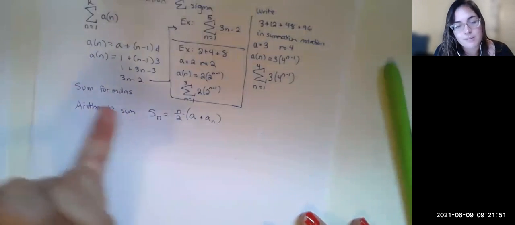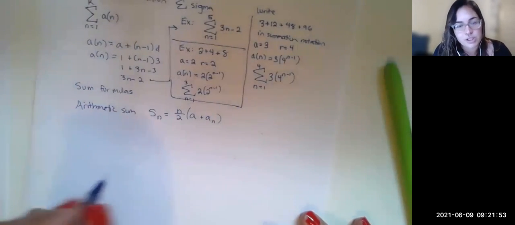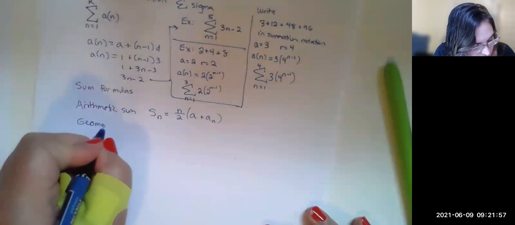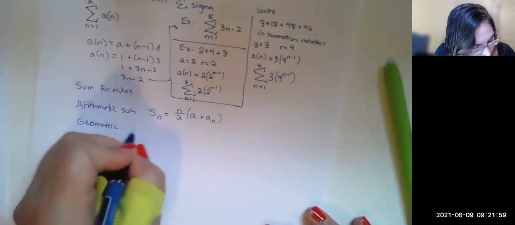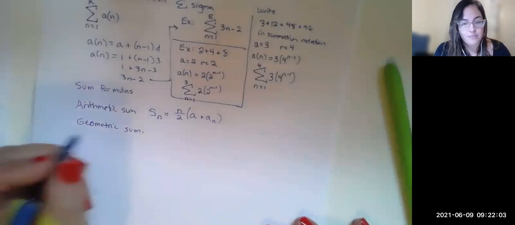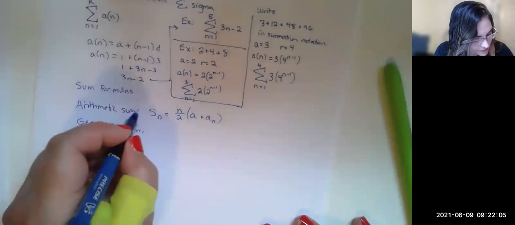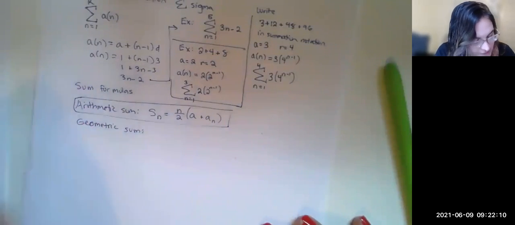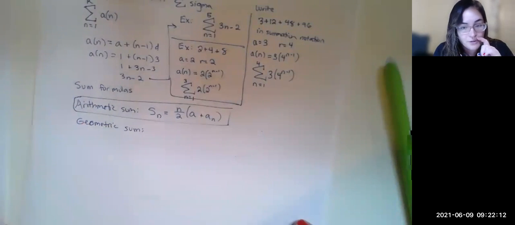I'm not going to talk about this too much because this unit's really focused on geometric. I really want to use this time to look at the geometric sum. I'm going to circle this; this is the arithmetic sum. And for the geometric sum, I'm just going to show you how it's derived so it makes sense.